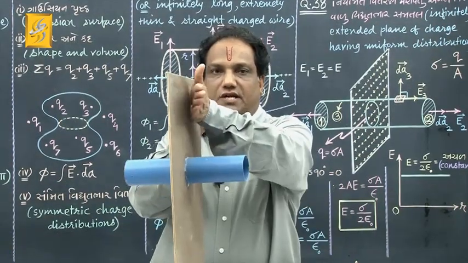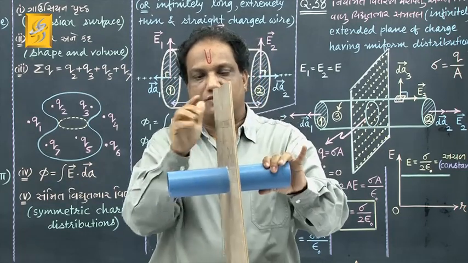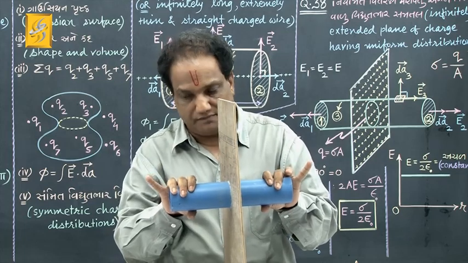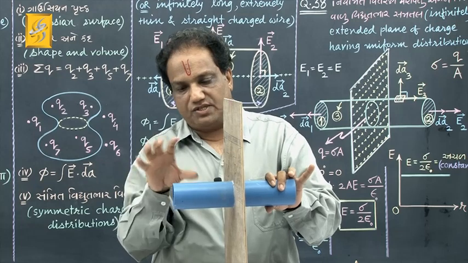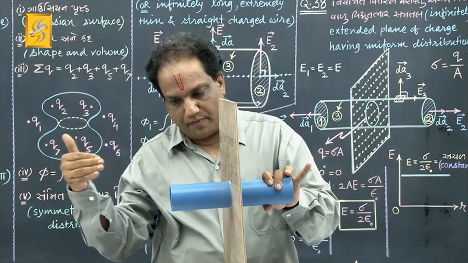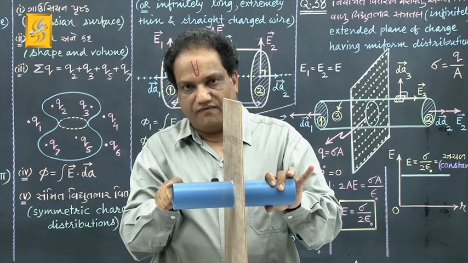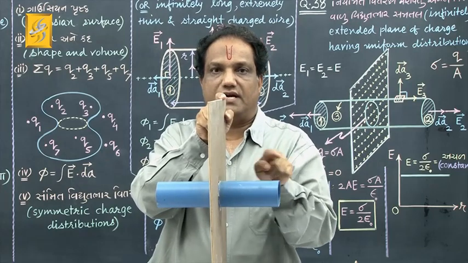You can just consider this board as plane of charge and consider this as closed Gaussian surface which is cylindrical. Now you can see the axis of this cylindrical Gaussian surface is perpendicular to this plane of charge and a half part is on the left side, remaining half is on the right side.